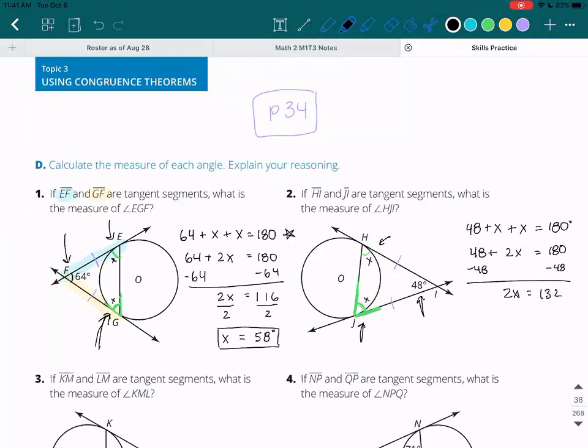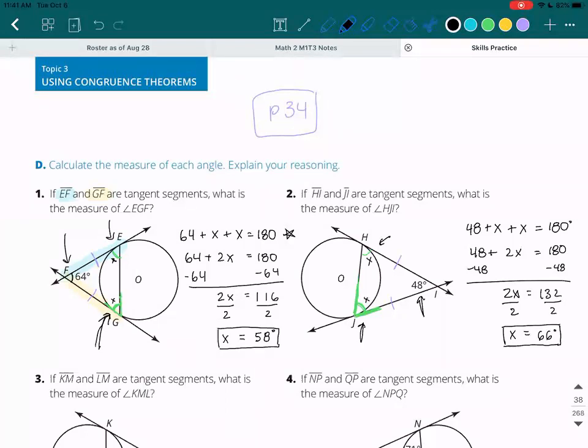Divide. So we're going to divide by 2 on both sides. And then, hold on, there we go. We get x is equal to 66 degrees. Okay, so then that's our answer for this one.